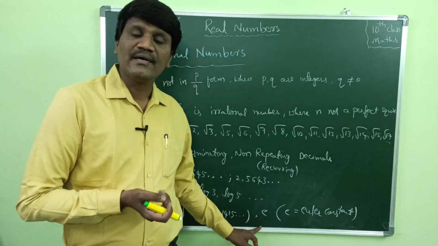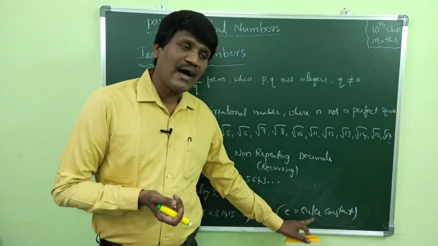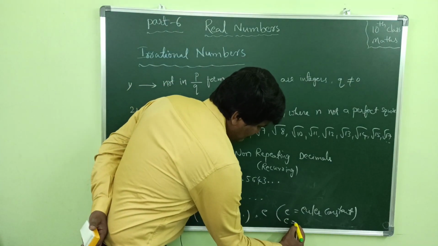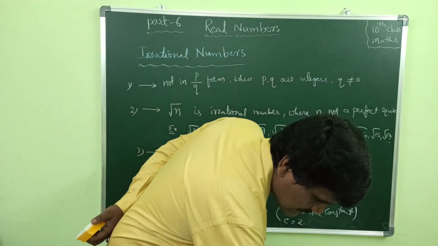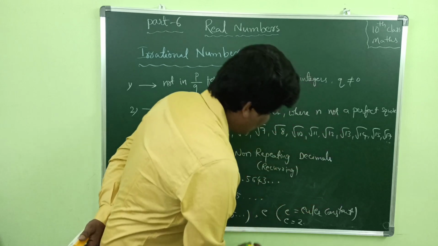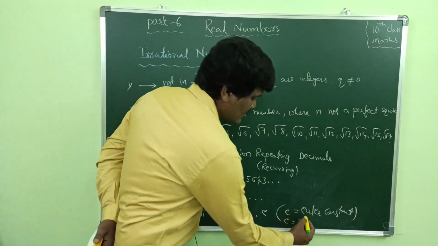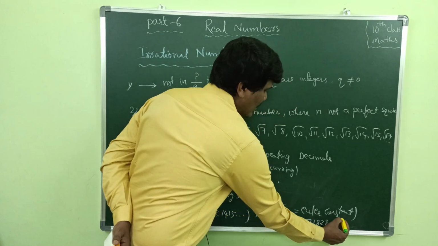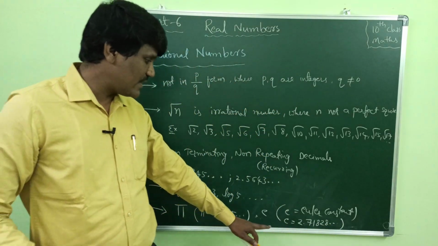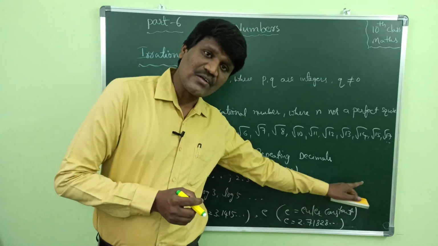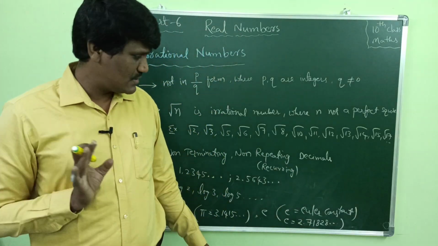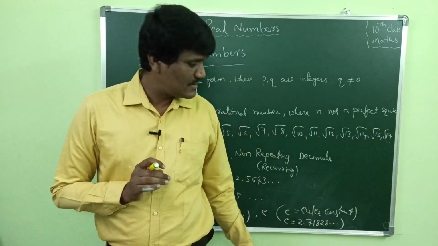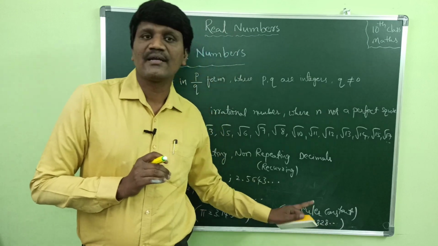The value of e is equal to 2.71828 up to so on. This is the e value. E is called Euler constant. It is also a non-terminating non-repeating decimal.